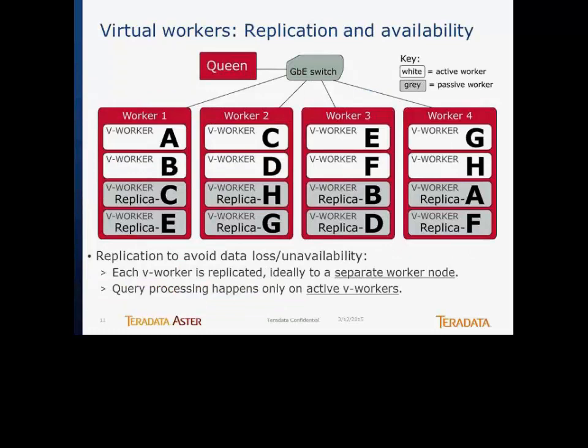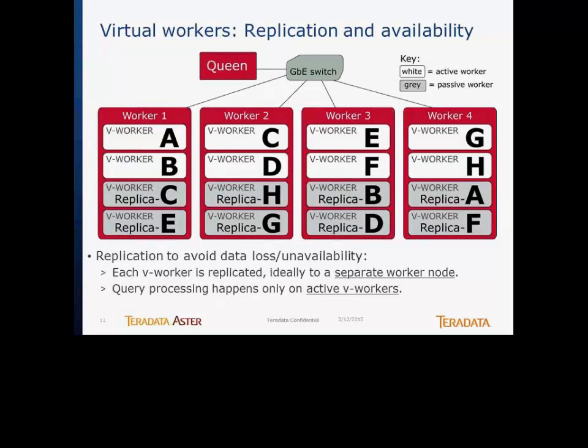So just to touch upon these vWorkers and the replication. As I mentioned, these vWorkers on the worker nodes have a replica. As you can see, the first worker, worker 1, has a vWorker A and vWorker B. And if you notice, the replica of vWorker A is present on worker 4, and the replica of vWorker B is present on worker 3.